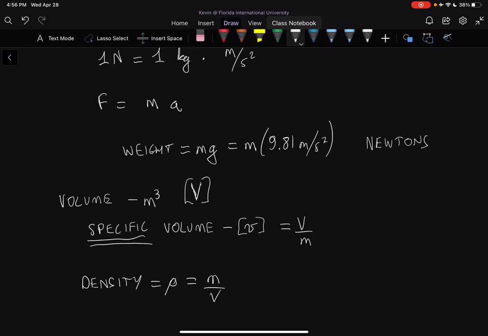It's the amount of mass you can pack in a meter cubed, for example. So the more density that you have, the more weight you have within the same meter cubed. Okay, if you look at the two equations here, you can see there's a similarity. You can see that specific volume is equal to 1 over the density. So if you can find the density of something, you can find the specific volume of something, and vice versa.